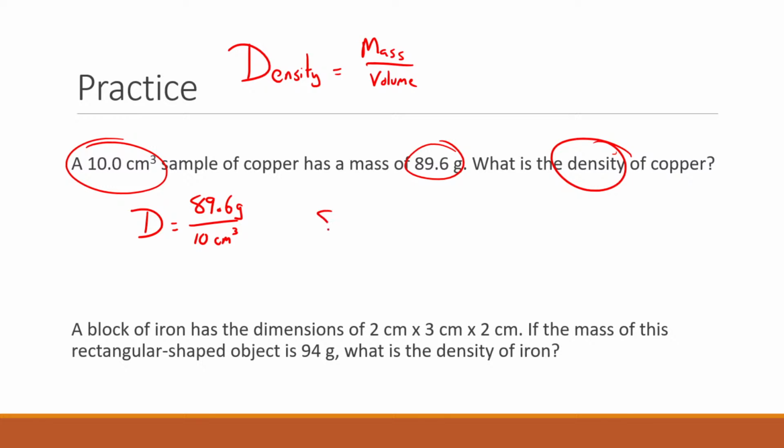We're going to divide out and get our answer, 8.96. But when we want to do our units here, it's not just grams, it's not just centimeters cubed, they actually both come with us. They don't cancel out, there's no cancellation of units, and so we get grams per centimeter cubed. They stay exactly the way they were.